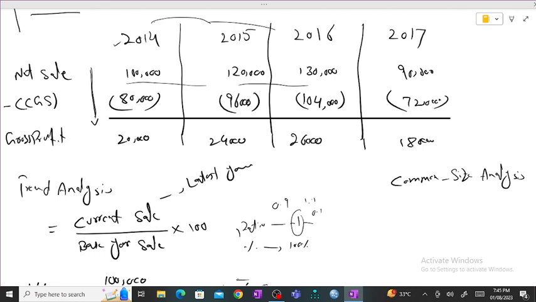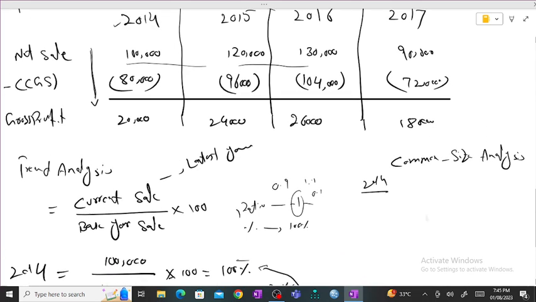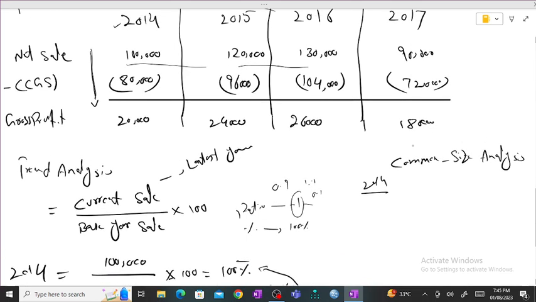So what we are going to do is calculate for 2014. We wanted to calculate the formula for COGS, cost of goods sold, divided by net sale. So how much will we get?